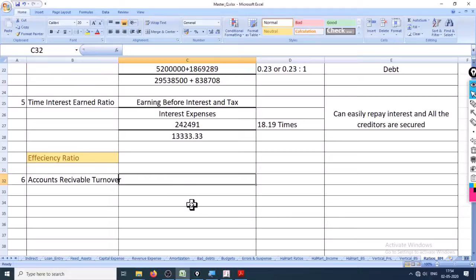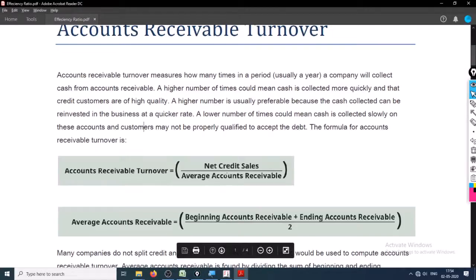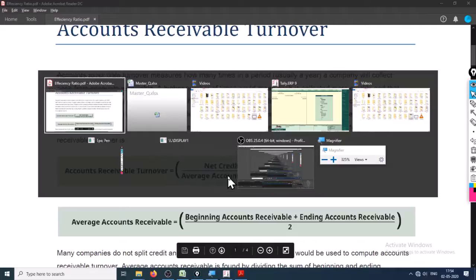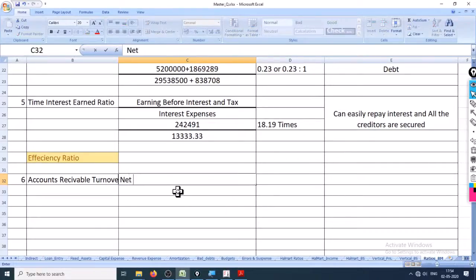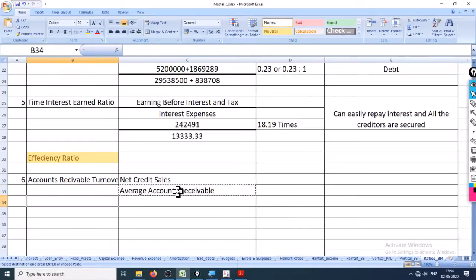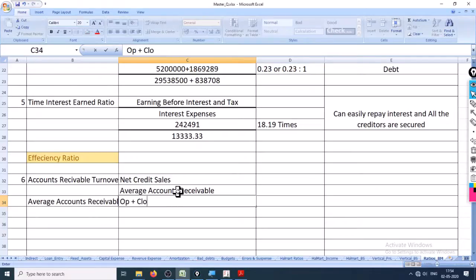What's the formula? Net credit sales upon average accounts receivable. And what is the formula of average? Opening plus closing divided by 2.